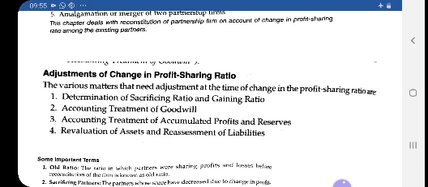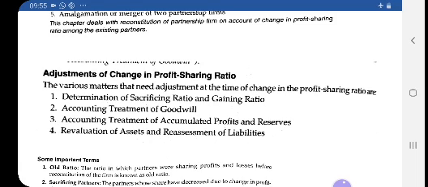Now come to the third point, accounting treatment of accumulated profits and reserves. What do you mean by accumulated profit and reserves? These are profits related to the past period, and this profit is now to be distributed among the partners in their old profit sharing ratio, because it is related to the past period.